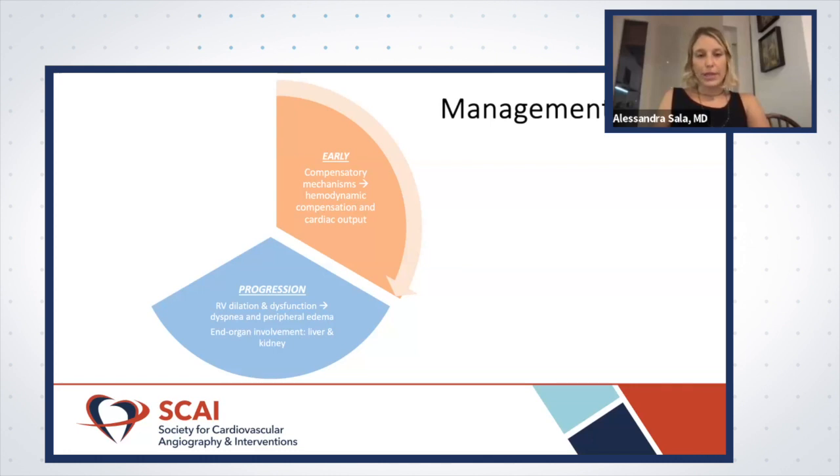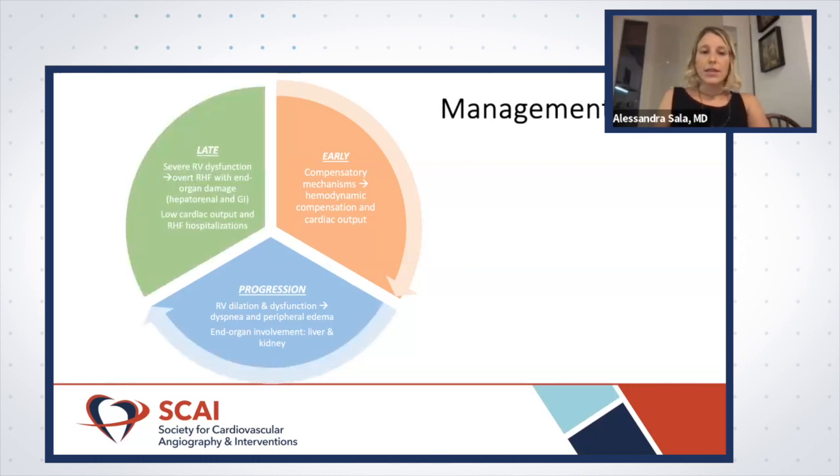In late stages of the disease, there is severe right ventricular dilation and dysfunction with overt right heart failure and end organ damage. Therefore, the development of hepatorenal syndromes and GI disorders. Patients present with low cardiac output syndromes, with reduced capacities, and with frequent right heart failure hospitalizations.